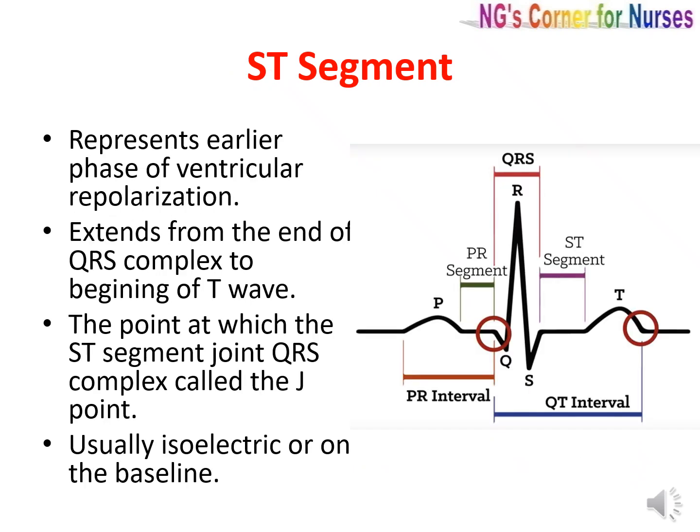Next, coming to ST segment. It represents earlier phase of ventricular repolarization. It extends from the end of QRS complex to the beginning of T wave. The point at which the ST segment joins the QRS complex is called the J point, and the ST segment is usually isoelectric or on the baseline.